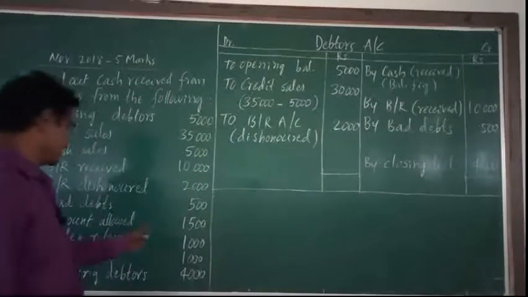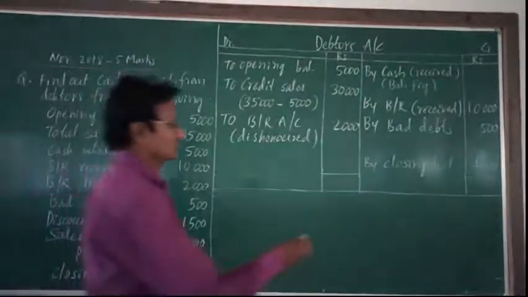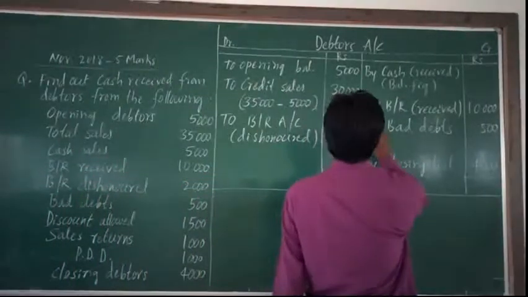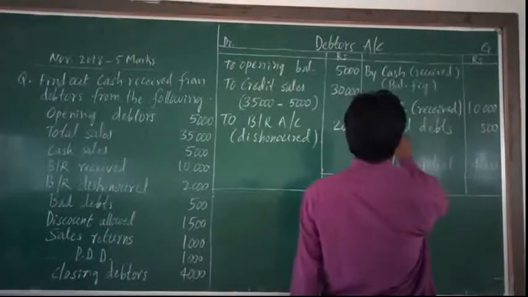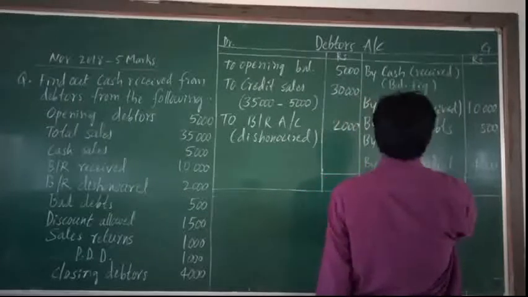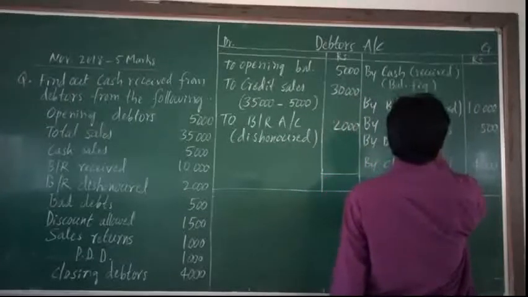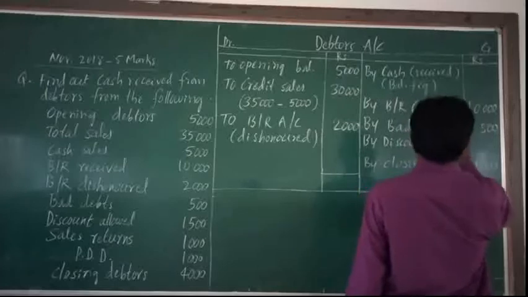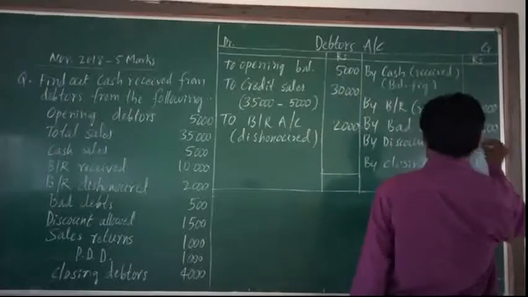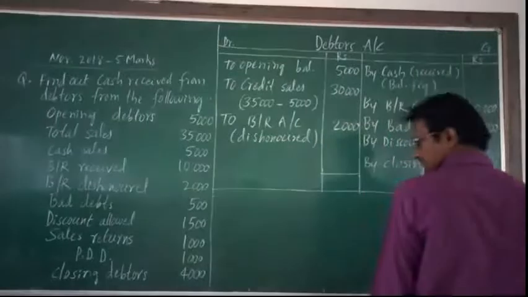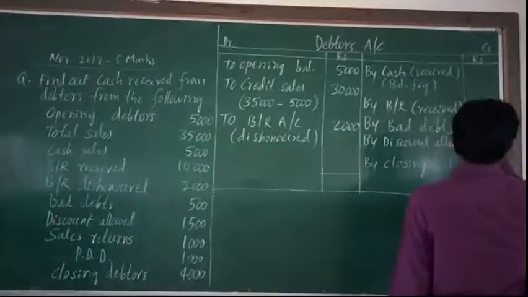Next item is discount allowed. This is also on the credit side. We have to enter this item on the credit side by discount allowed. Discount allowed is 1,500.